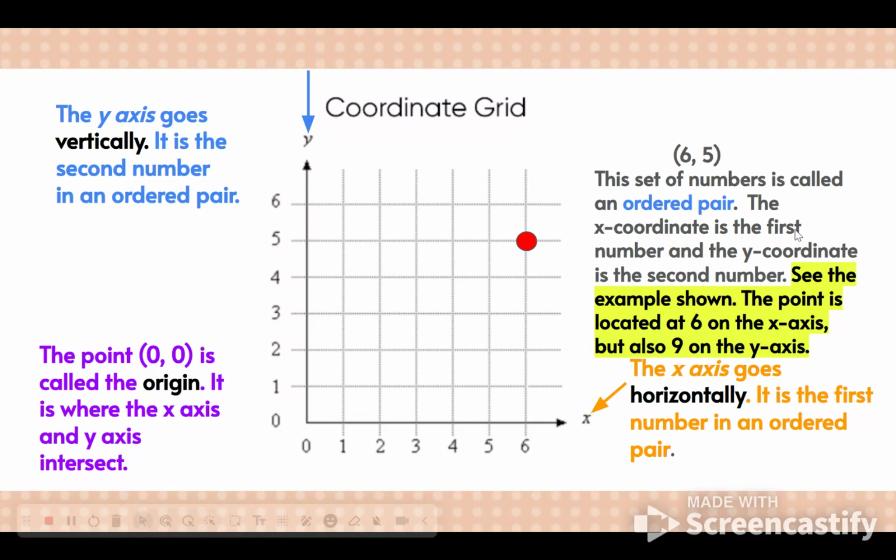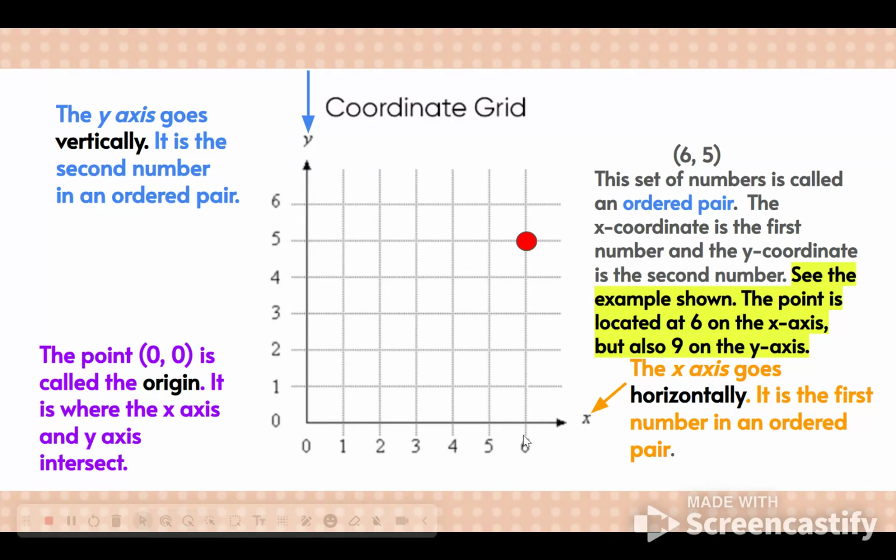All right, you remember I talked about an ordered pair. The set of numbers is called an ordered pair. Let's look at this point here. An ordered pair tells you where a point is located on the coordinate grid. In an ordered pair, the x coordinate is the first number.